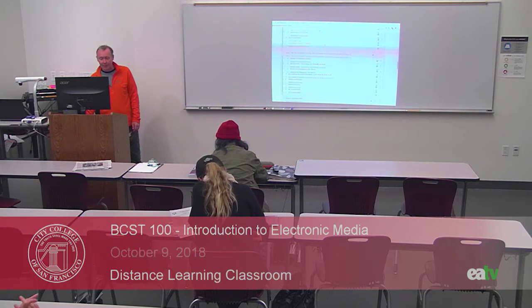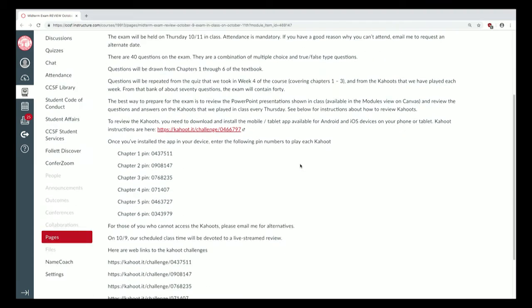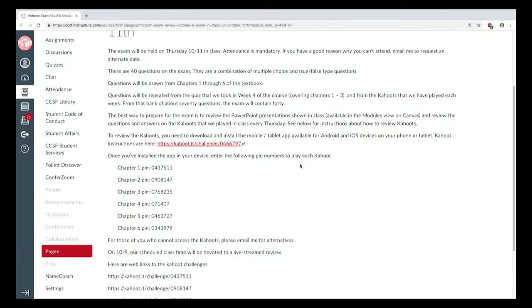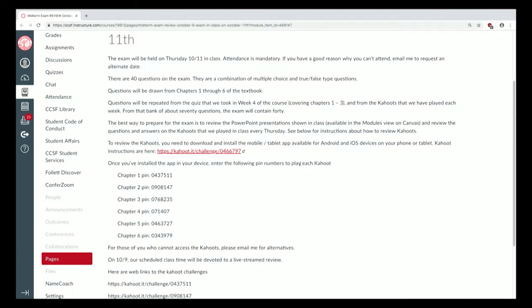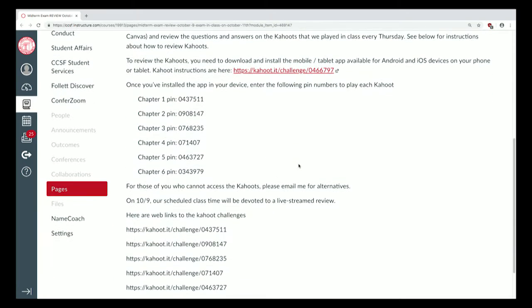So there is a midterm exam review file here, which is what we'll be working from. And so, you know, we have been using Kahoots to review in class, and so we'll be using Kahoots again.